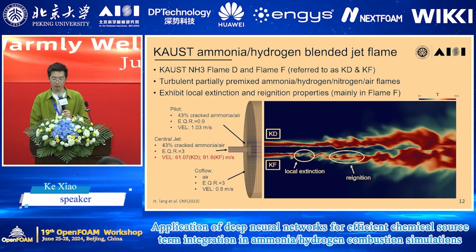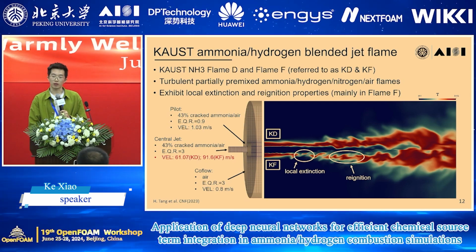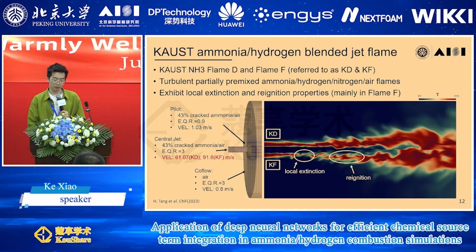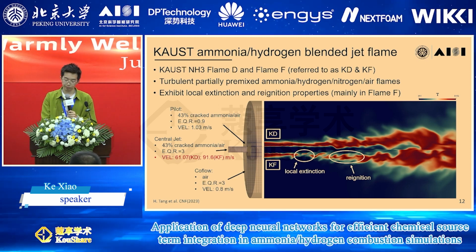In this work, we tested our method on turbulent partially premixed jet flames developed at Sandia, namely Flame D and Flame F. Here we show a schematic of the flame configuration and a contour plot of our simulation results.